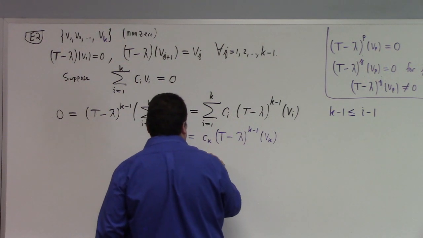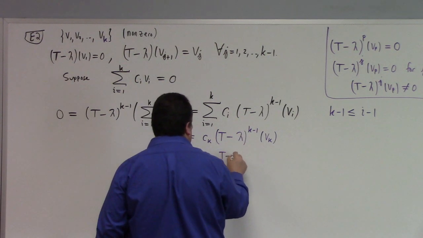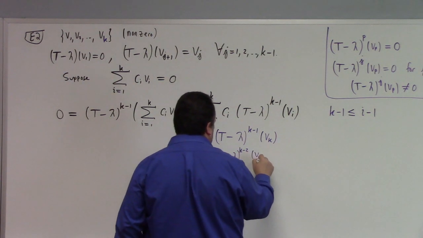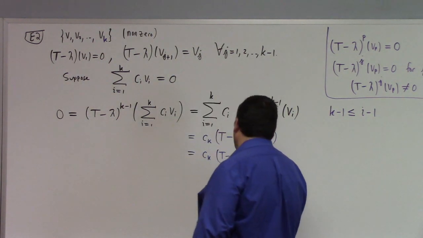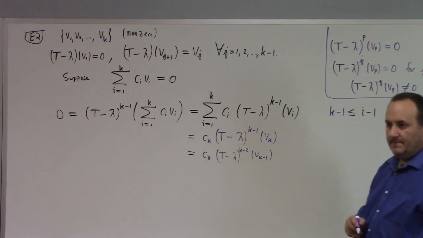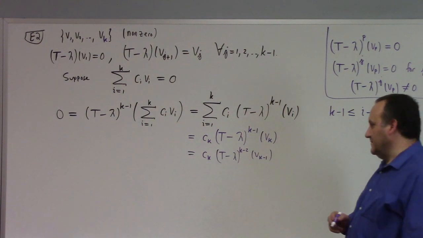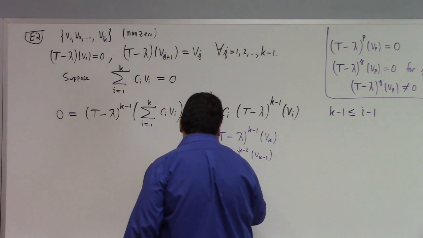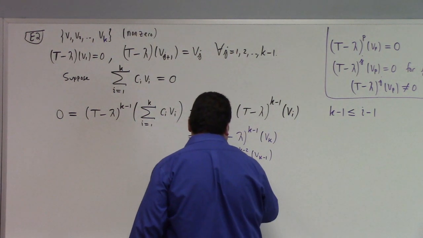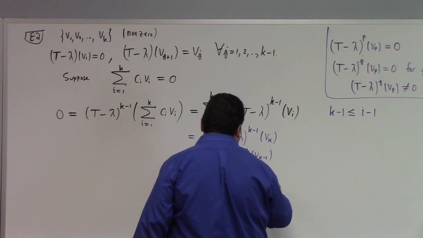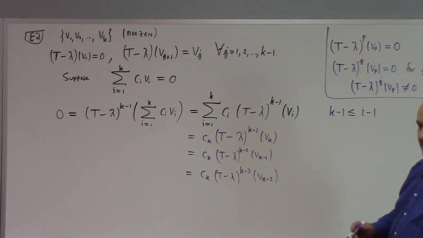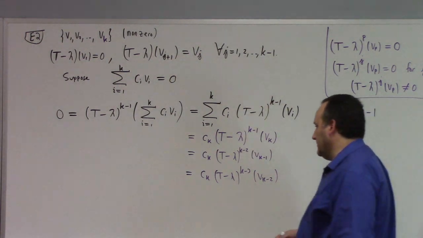So we've got c_k (T minus lambda) to the what? k minus 2, v_{k-1}, right? And then c_k (T minus lambda) to the k minus 3, v_{k-2}, right? And this keeps going, right?